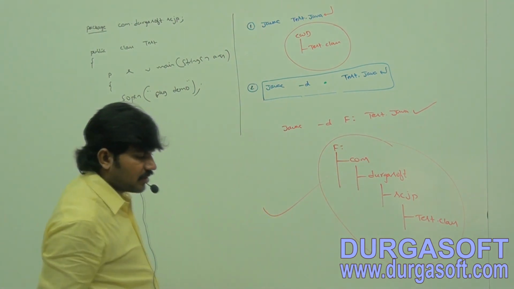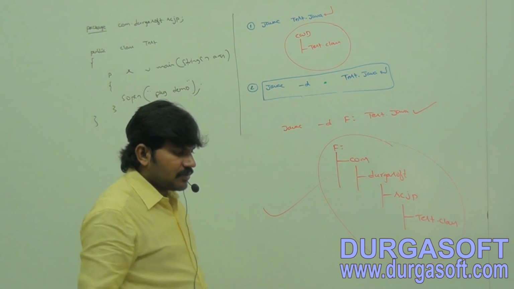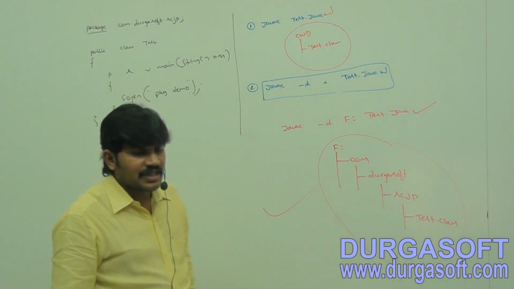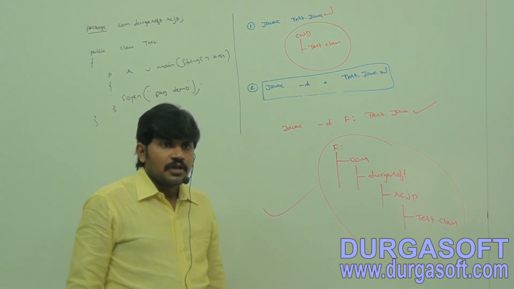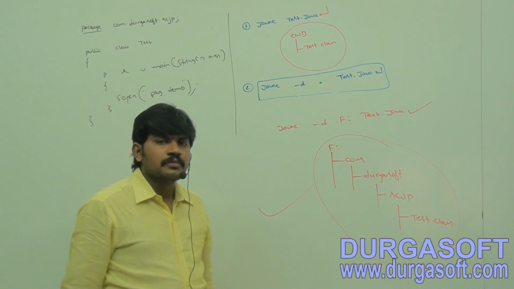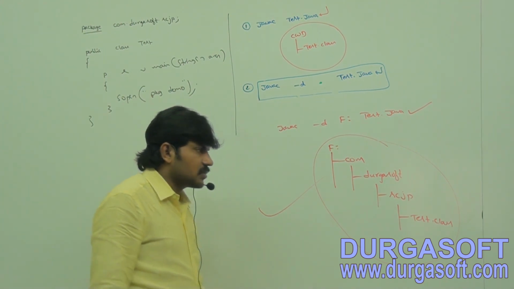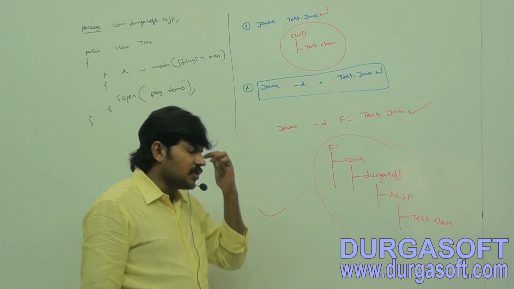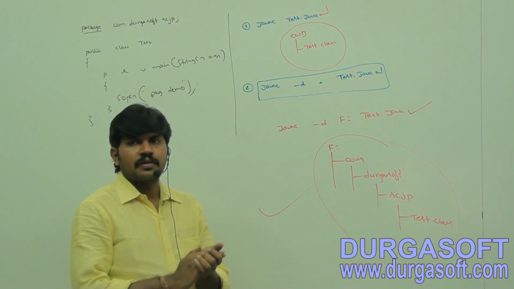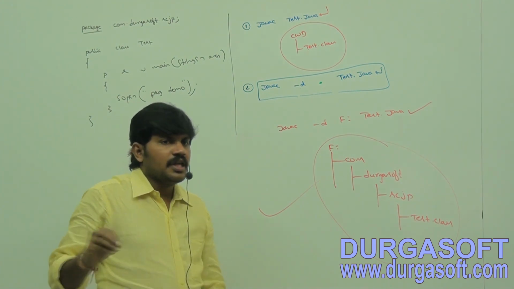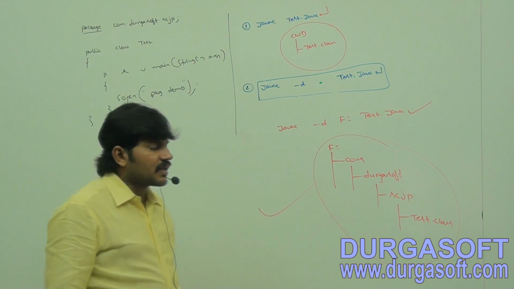Add this second point also: as a destination, instead of dot, we can take any valid directory name.